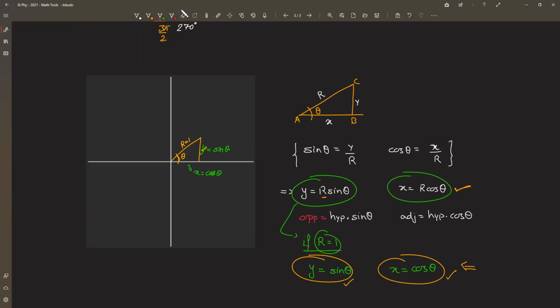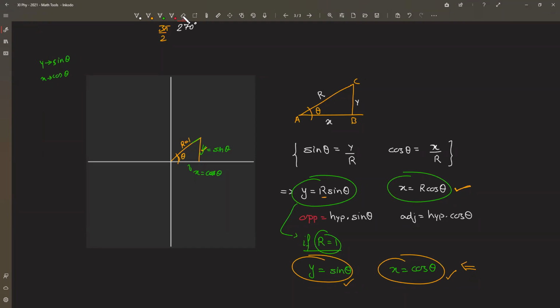So the X coordinate gives you cos theta and the Y coordinate gives you sine theta, when this hypotenuse is of length 1. Okay.